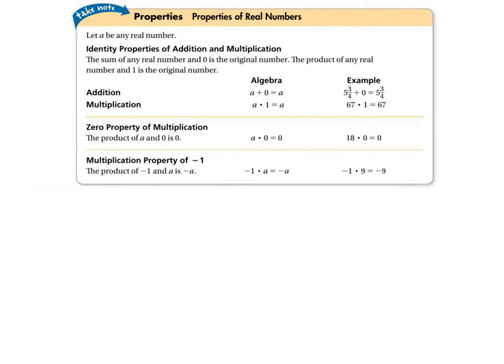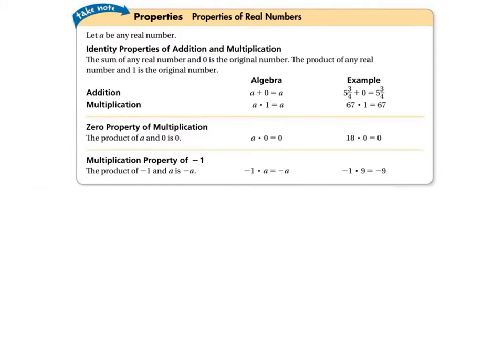Or the multiplication identity property, where we multiply something by 1. A times 1 is just A, okay? It maintains its identity as that value. The zero property of multiplication, on the other hand, says you can multiply any real number with 0 and you will get 0. A times 0 equals 0. 18 times 0, for example, equals 0.